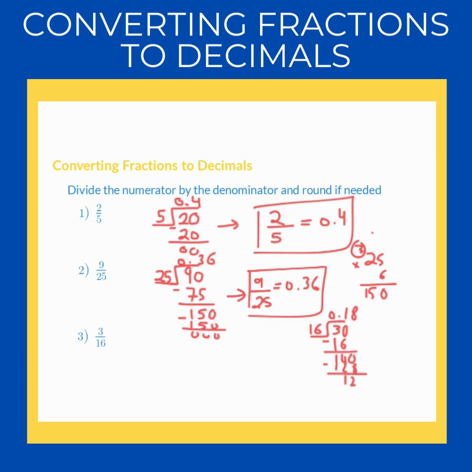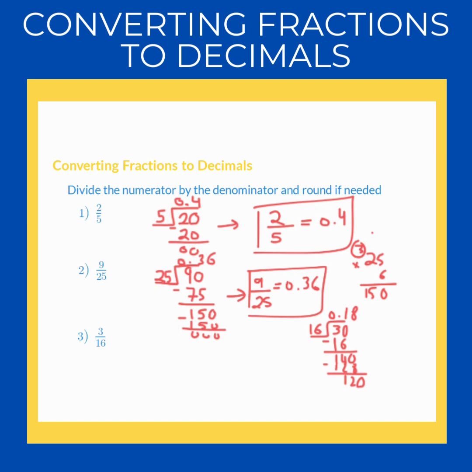Now, let's divide 12 by 16. Again, I can't because 12 is smaller than 16, so I add a 0. And let's now think of a number. When I multiply it times 16, the answer is 120. If I try 7, the answer is 112. If I try 16 times 8, the answer is 128.